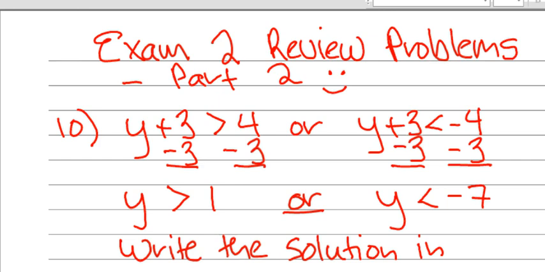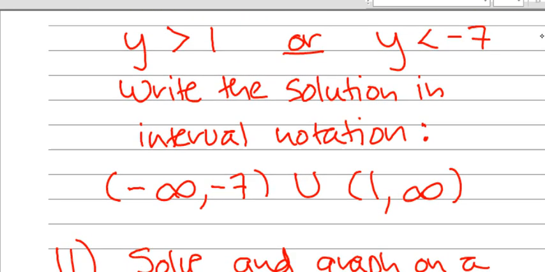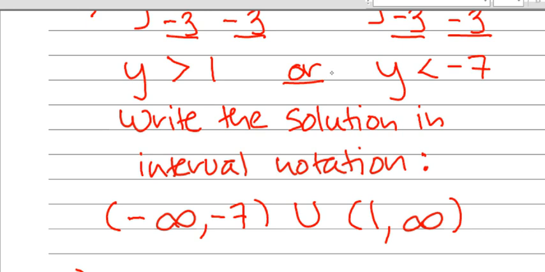For this particular problem, number 10, they want you to write the solution in interval notation. So remember, we go from left to right, small to big, right? Left to right, small to big. So y is less than negative 7.